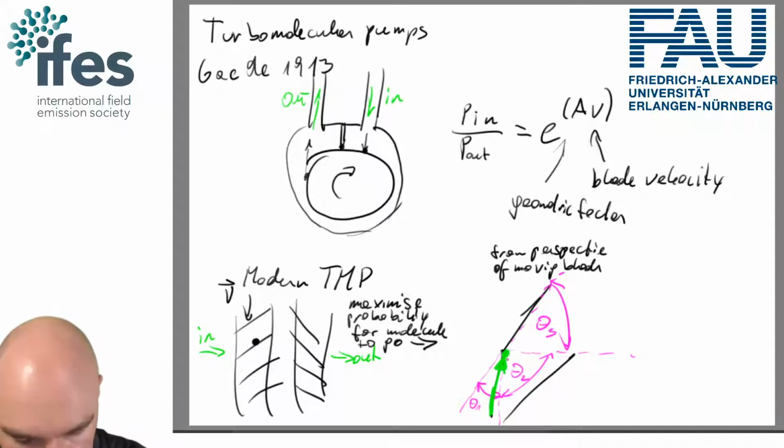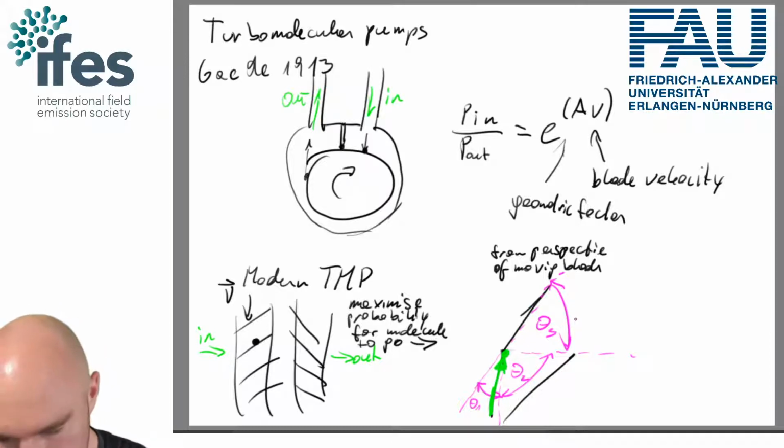And if it desorbs in the direction of phi 2, then it will desorb onto the other side of the blade. And so the faster the molecule moves, the faster the blade moves, the higher the probability that the molecule will desorb in the direction of phi 3. Yeah?